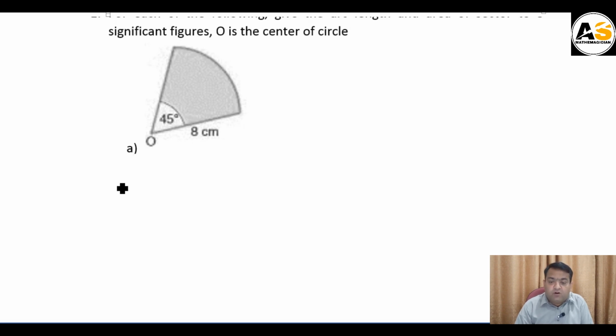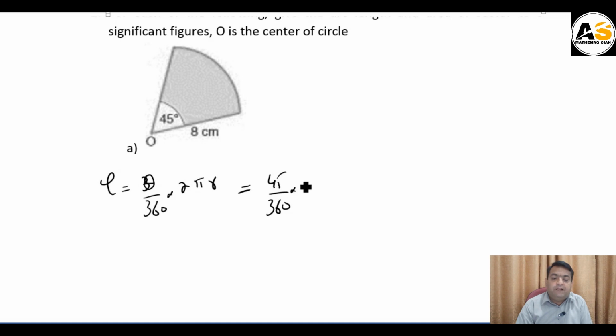What is the formula for arc length? The formula for arc length is theta over 360 into 2 pi r. We just need to put the values. Theta is 45 over 360 into 2 into pi into r. R is 8.